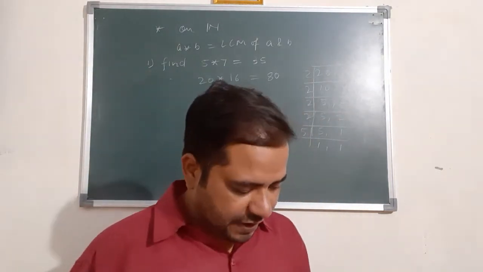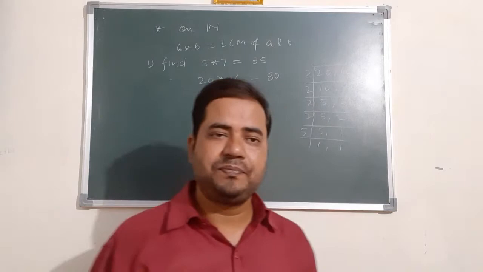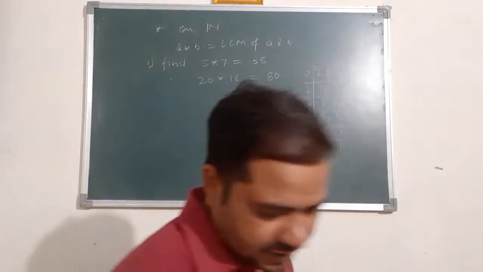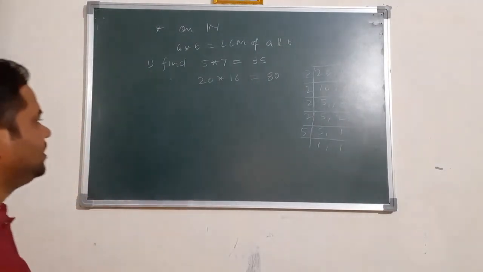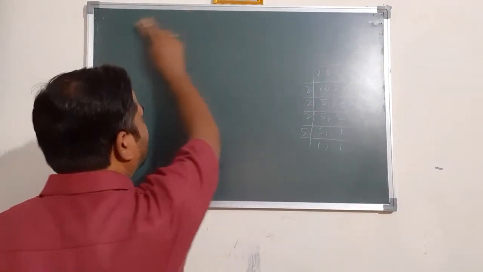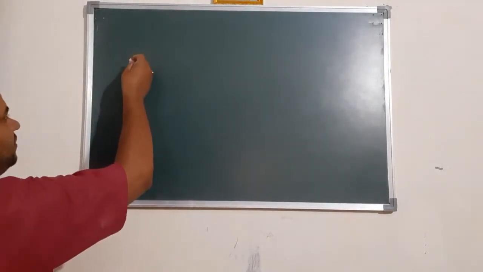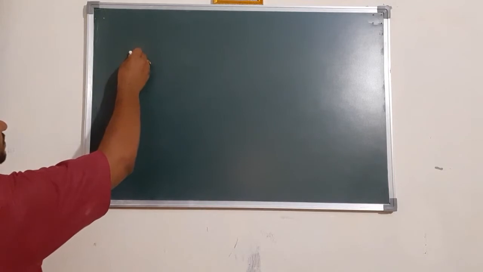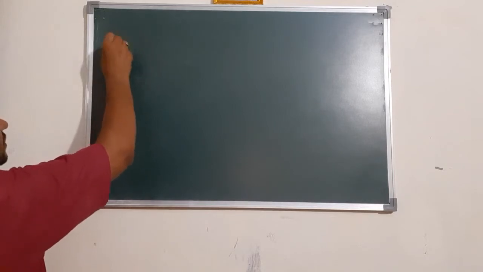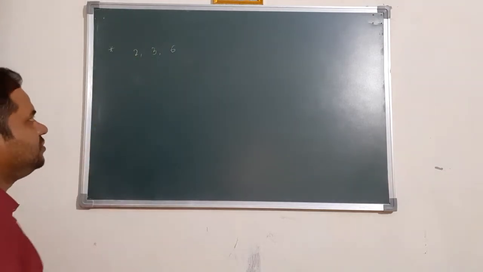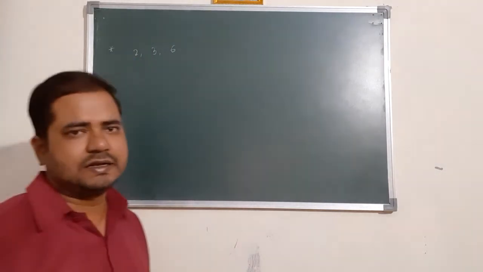Is it associative? You can consider 3 elements and check whether that particular binary operation is associative. Suppose we take 2, 3, 6.